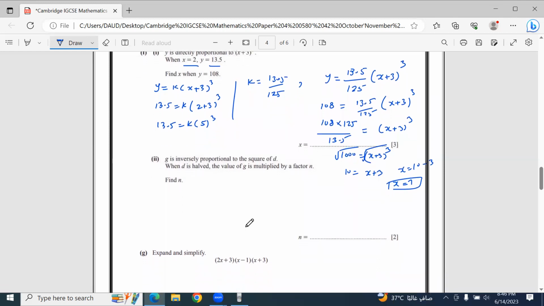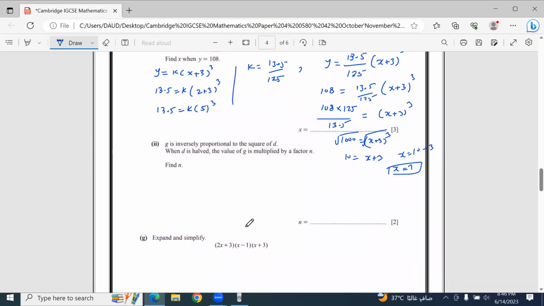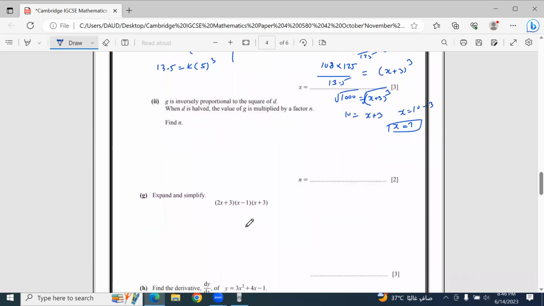Next, g is inversely proportional to the square of d. So how to write this one? g is inversely, means k over square of d, means d power 2. So when d is halved, means half of d, the value of g is multiplied by factor n. So we will see what will happen if we make d half, means (1 over 2 d) whole squared.